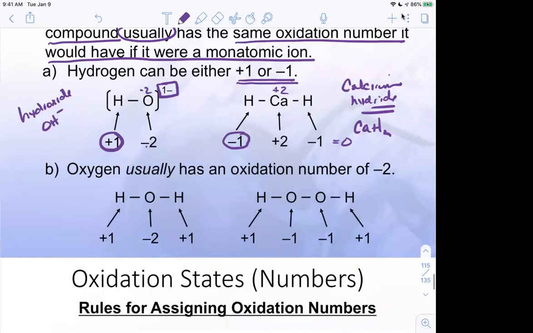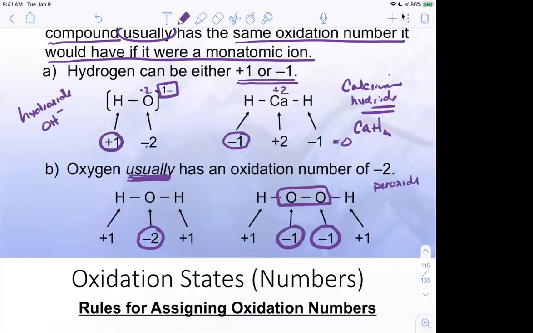Here's my rule for oxygen. It almost always has an oxidation number of -2. There is an exception, and this is called a peroxide, where I have an oxygen-oxygen bond. This is a peroxide, where I have something-O-O-something.